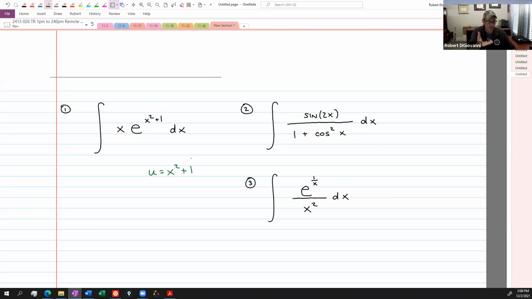We said, okay, if we let u be that, the derivative of that is 2x dx, which I do have here. You have to see it though. I have x dx, x dx. This x squared plus 1, that's up there, right?